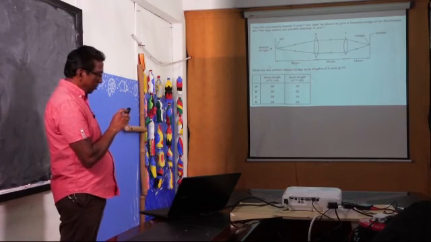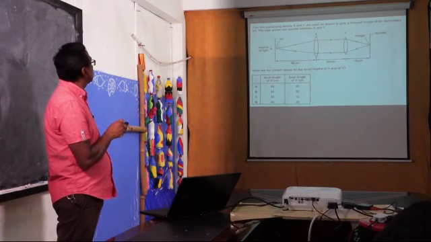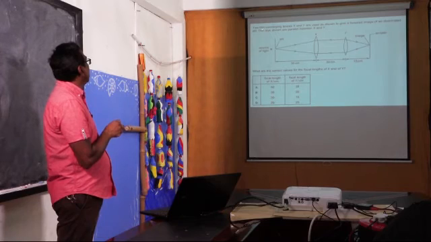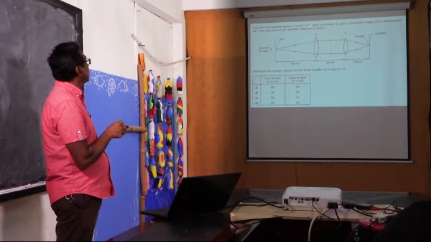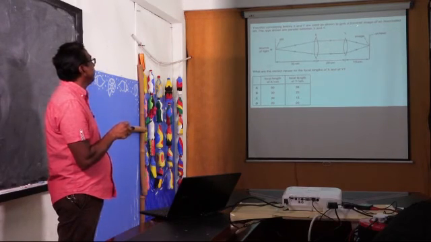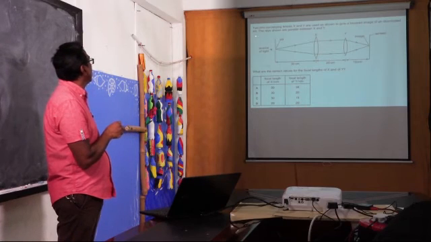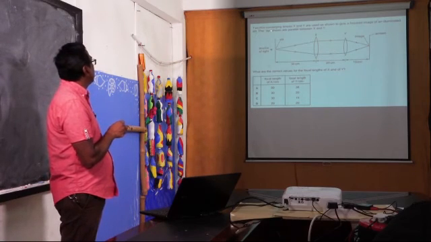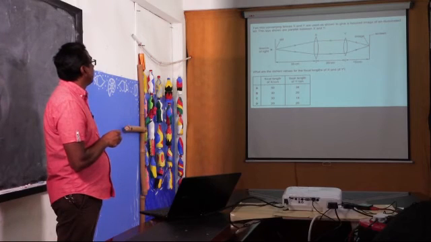Look at this one. 2 thin converging lenses are used, shown to give a focused image of an illuminated slit. Now, what is the focal length?